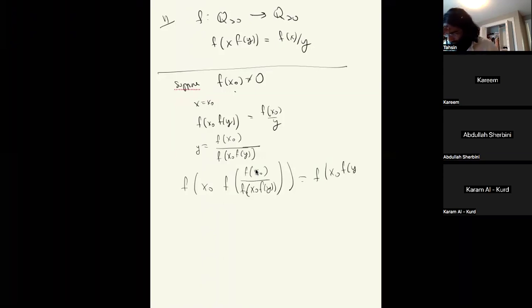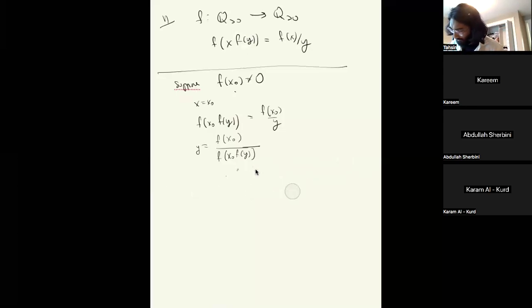No, I'm a little confused. I'm not sure what you did, but I was thinking that we can prove it's a bijection because we can get any y by changing f of y.